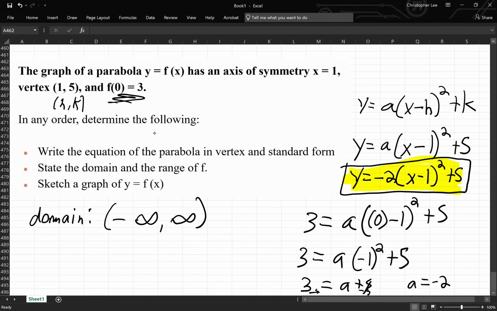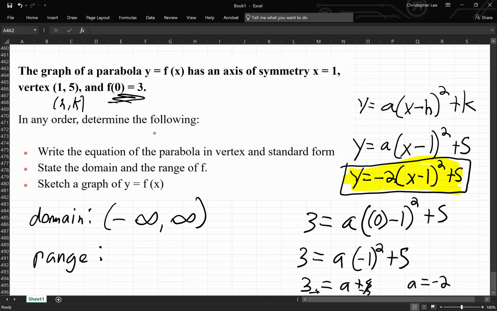Now, let's talk about my range. Range is all of the y values that the function exists at. Let's make some observations. I see that a is negative 2, so this is a parabola that opens downwards.